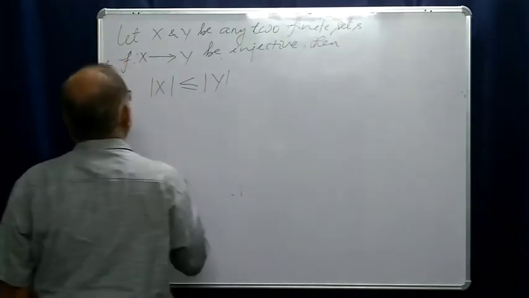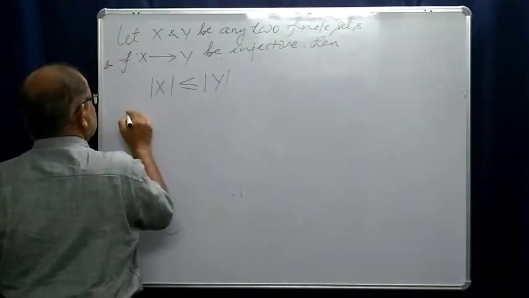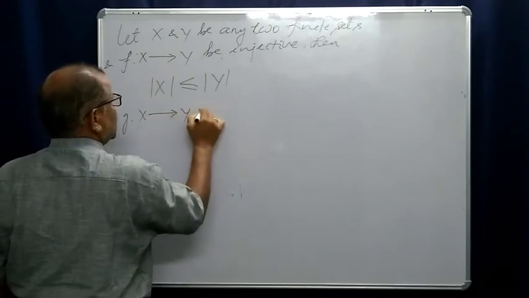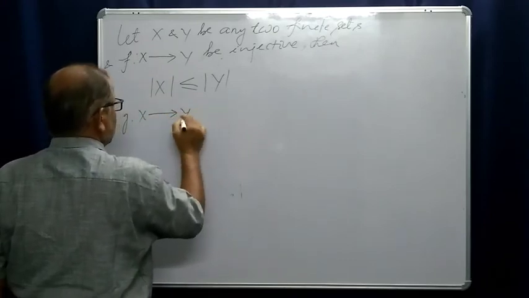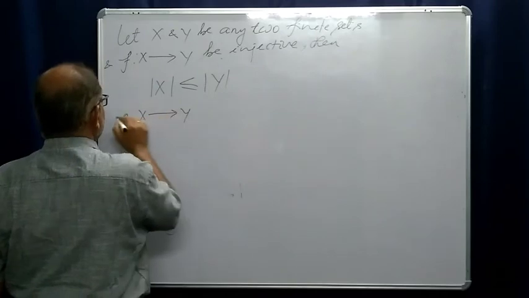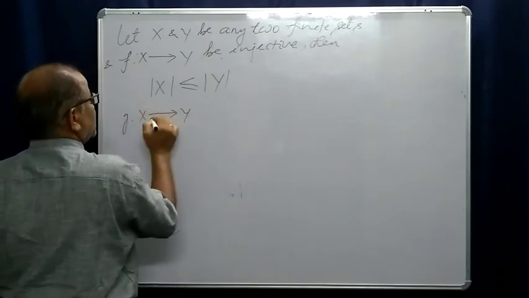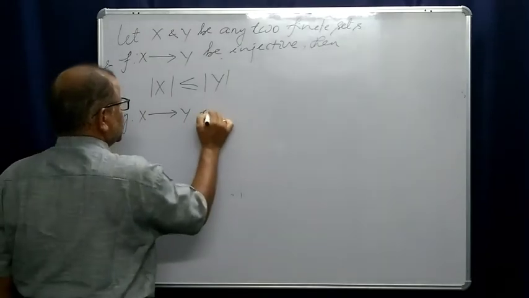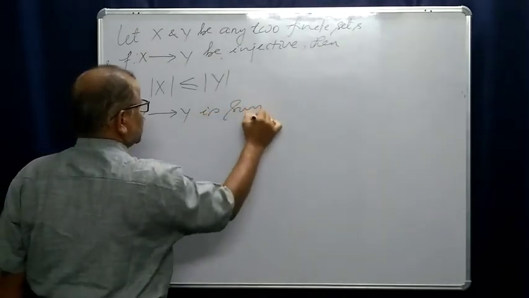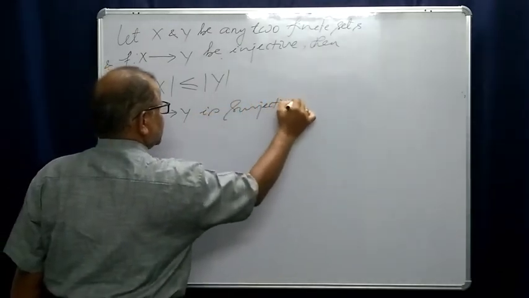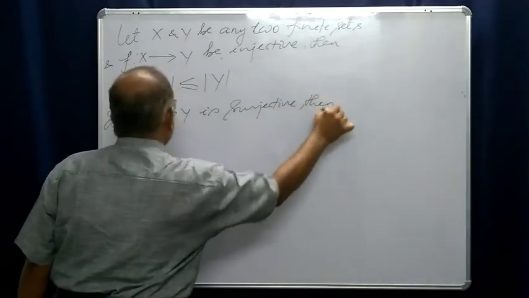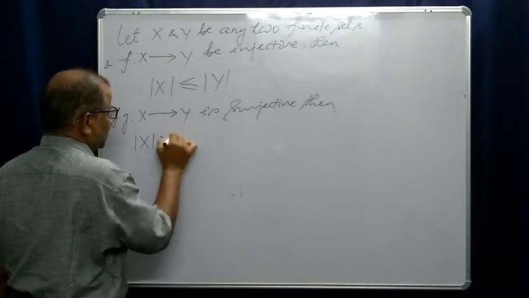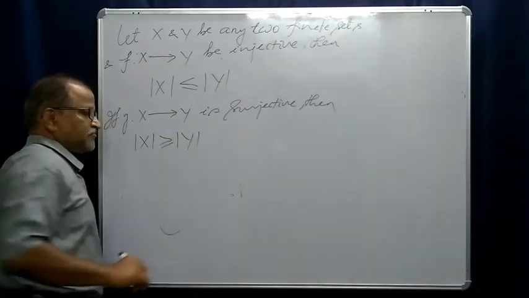And similarly, if g from x to y is surjective, then cardinality of x must be greater than or equal to cardinality of y.